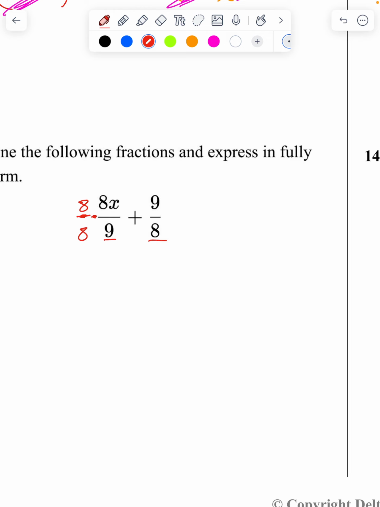So when I do that, 8 times 8x is going to give me 64x, and then 8 times 9 is 72. And then I have the plus sign in the middle, and then this one, I want it to be 72 on the bottom, so I'm going to times it by 9 over 9. And I can do that because 9 divided by 9 is just 1.